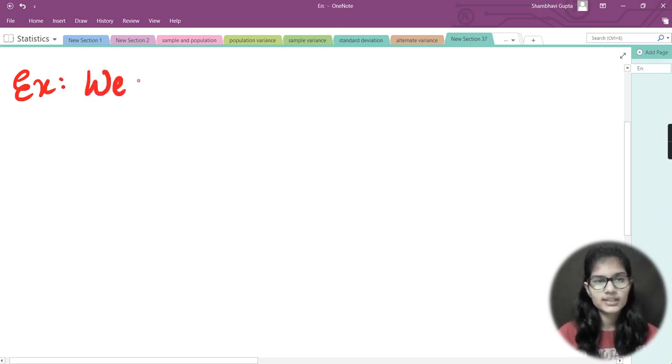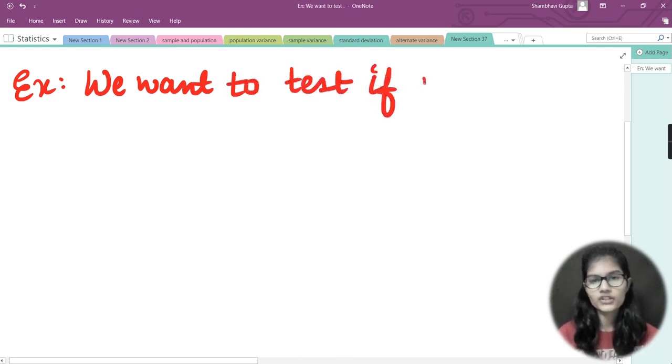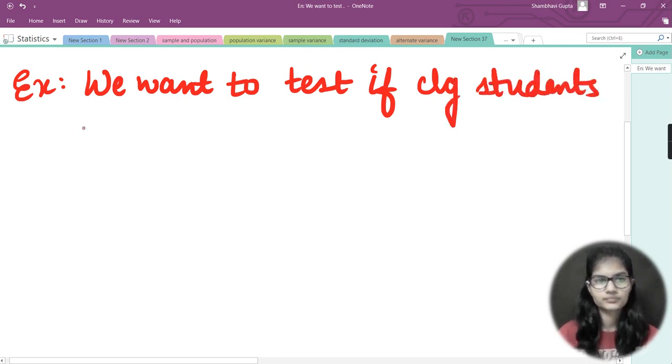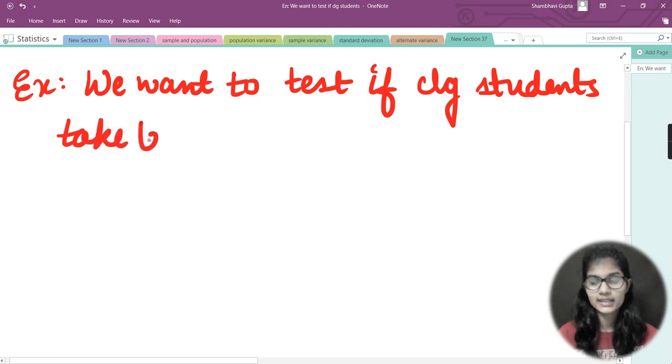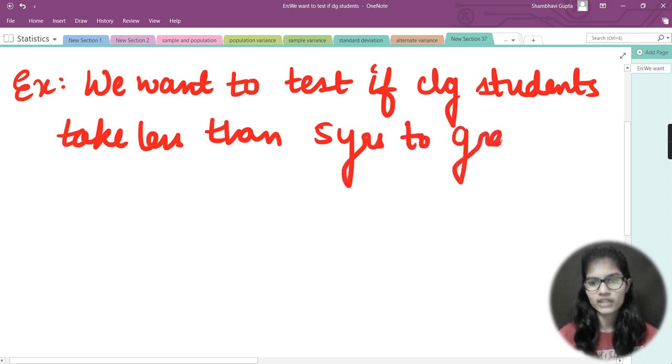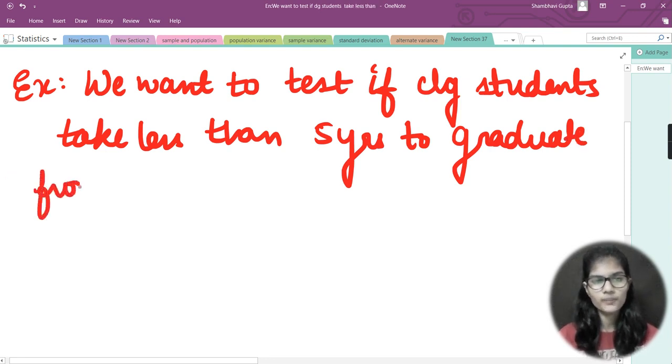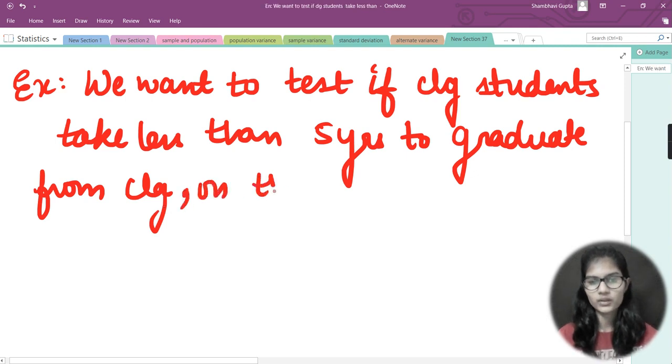Let's say we want to test if college students take less than 5 years to graduate from college on the average. That is basically on the average, right?